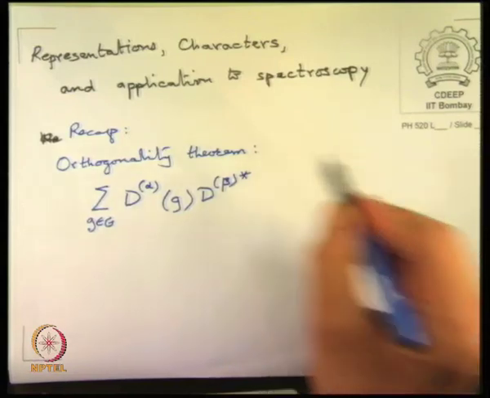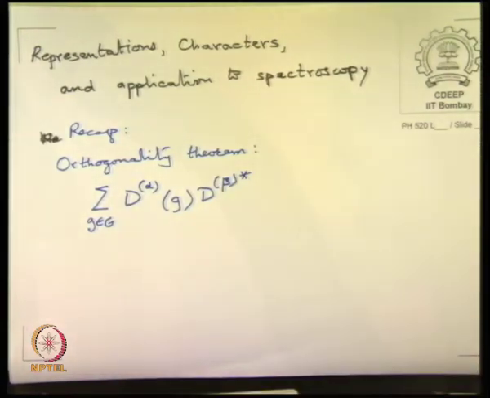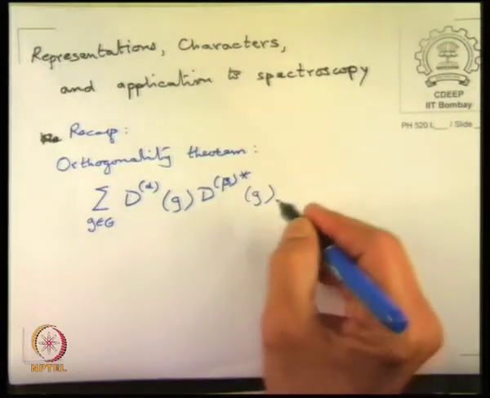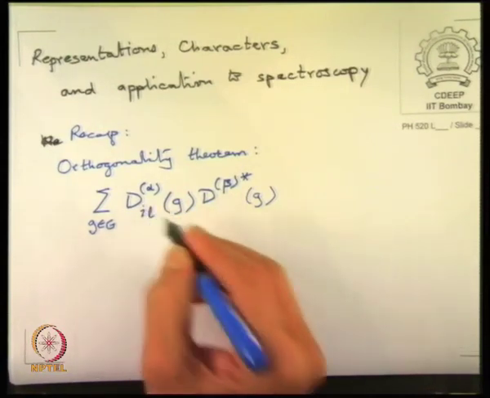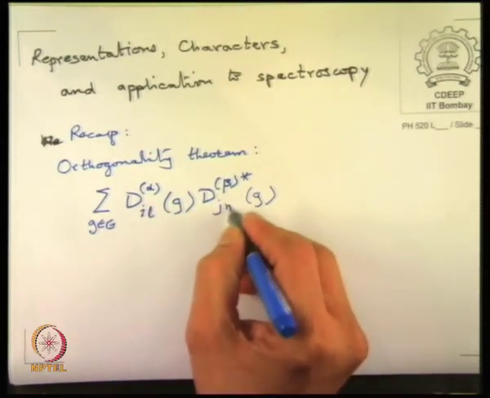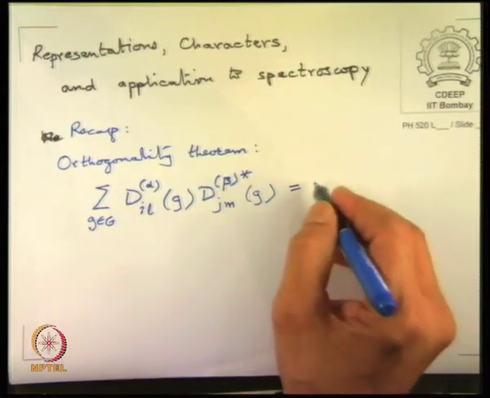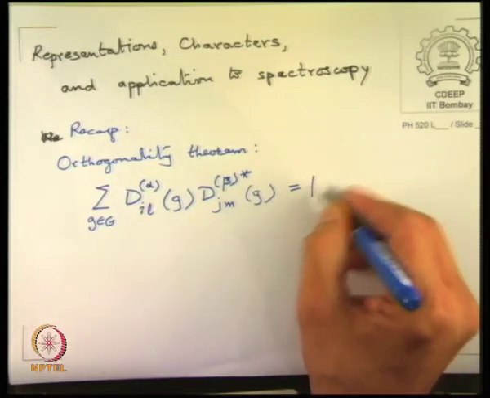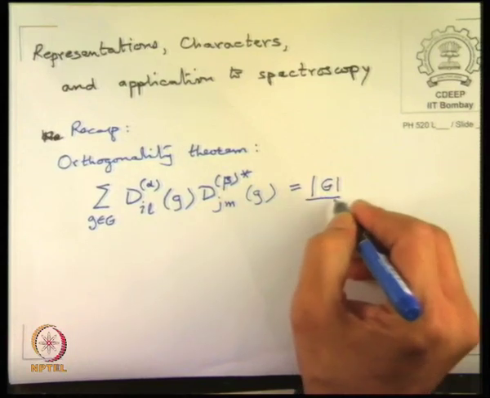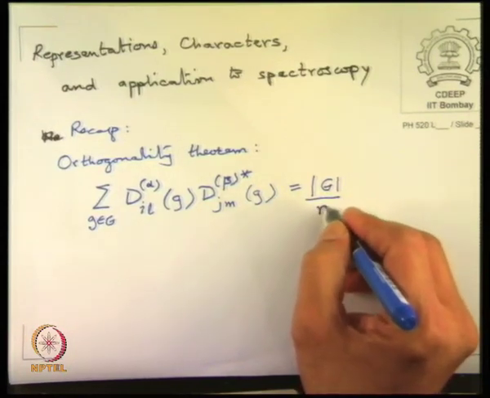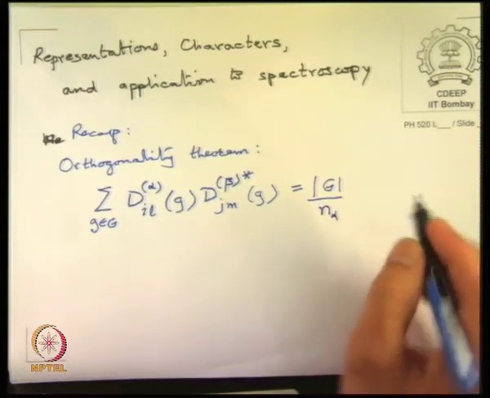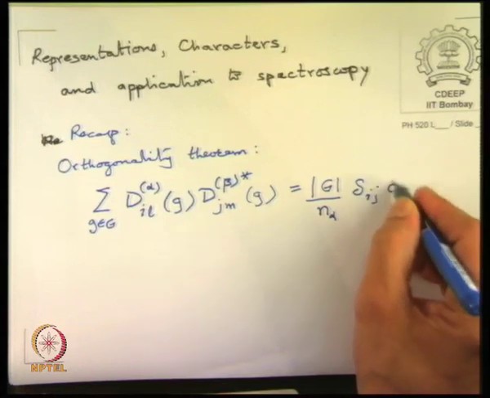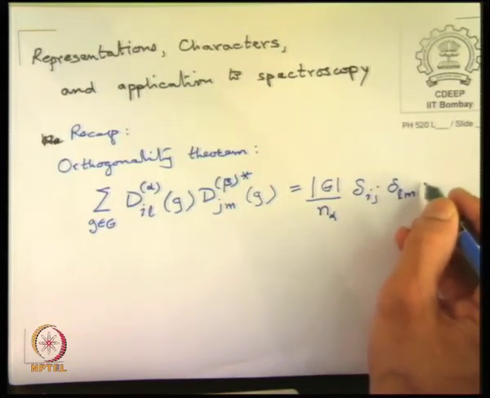We will assume unitary representation because we have proved that you can always find a unitary representation, and il and jm. So this has orthogonality in each of the three classes of indices. It is size of G, number of elements, divided by the size of the representation alpha, times delta ij, delta lm, and delta alpha beta.